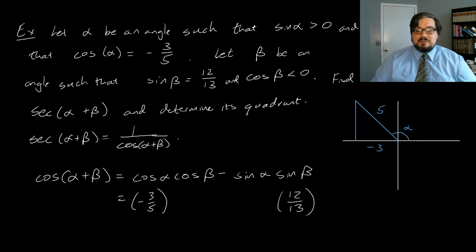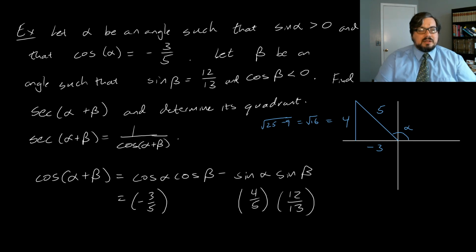Now, using the Pythagorean theorem here, we can see that the other side of this triangle will have length the square root of 25 minus 9, which is the square root of 16, which is 4. So that's just by the Pythagorean theorem. So from that, we can work out that sine of alpha is going to be 4 over 5.